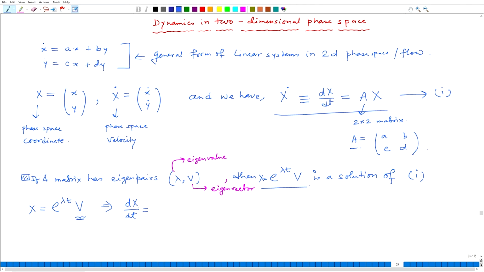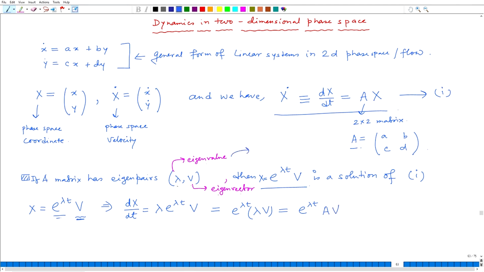So the only time dependence comes from this term. So it will be lambda times e to the power lambda t times v. Lambda is just a number, so I can write e to the power lambda t, lambda times v. Now, lambda times v by definition is equal to A times v.